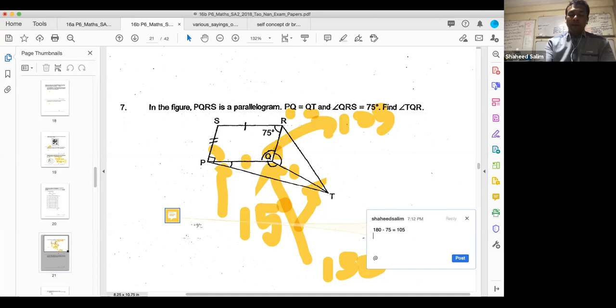You take 180 minus 15 minus 15 equals 150. So this is 150, this 105. So take whole thing is 360. 360 minus 150 minus 105, and you get the answer as 105 degrees.